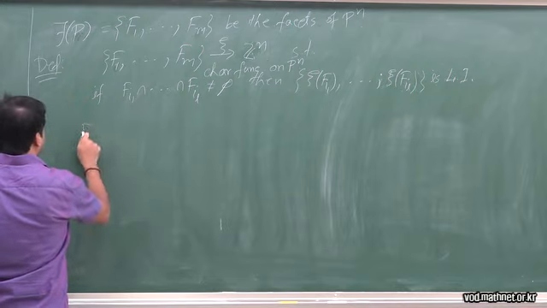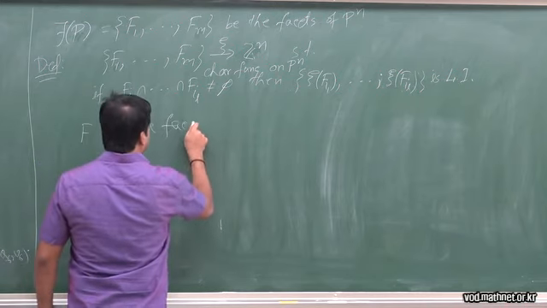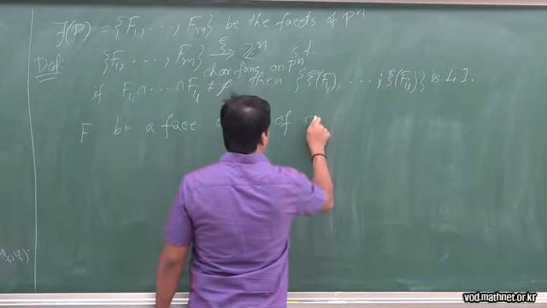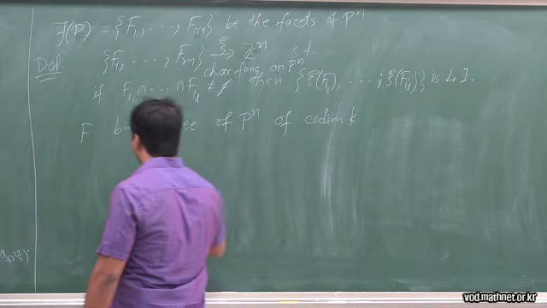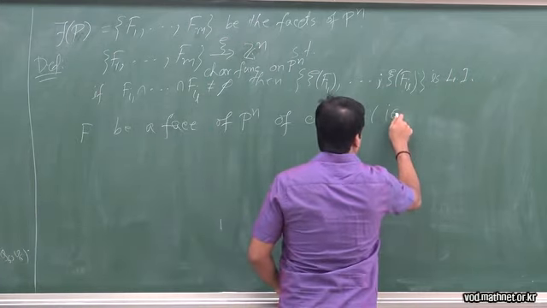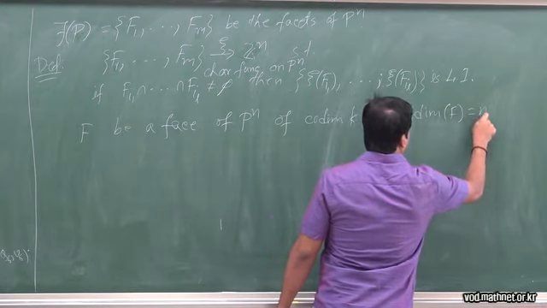Okay, so let F be a face of P_n of codimension k. That means dimension F equals n minus k.